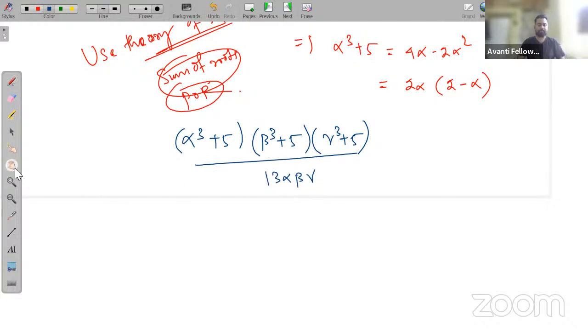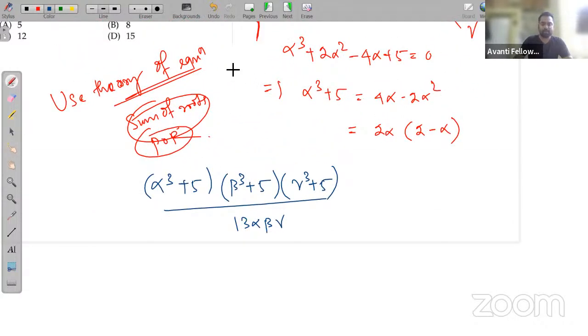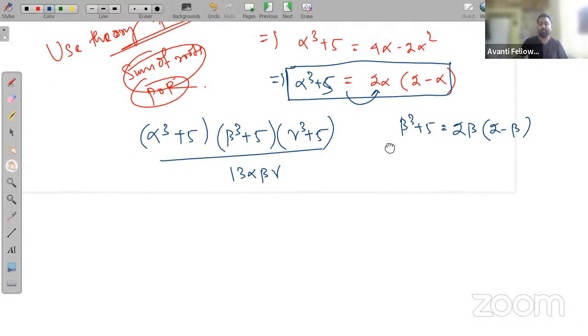We got one relation: if alpha is a root of the given equation, then alpha cube plus 5 can be expressed as 2 alpha into 2 minus alpha. Similarly, beta cube plus 5 is 2 beta into 2 minus beta. Similarly for gamma cube plus 5. Replace all these values in the numerator.